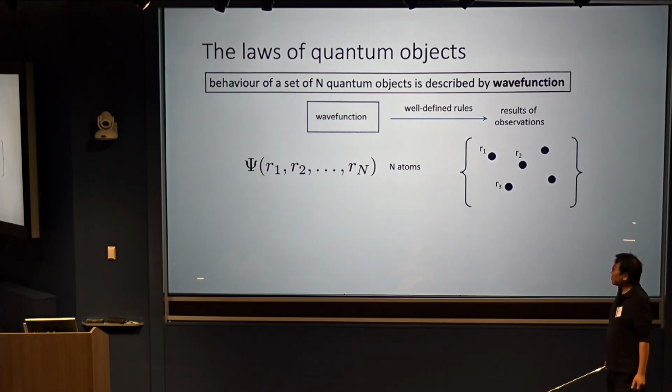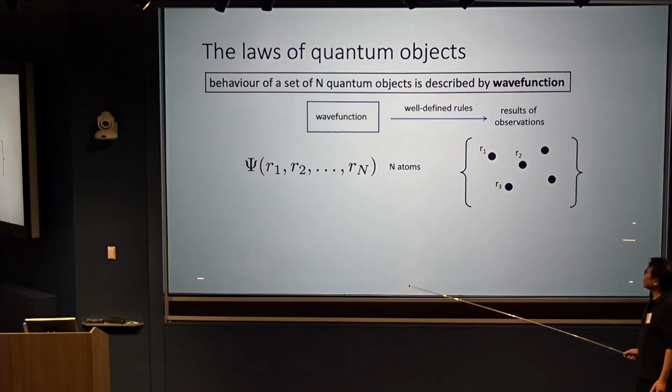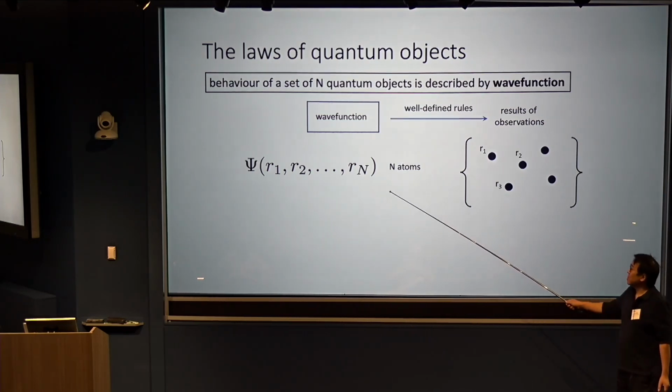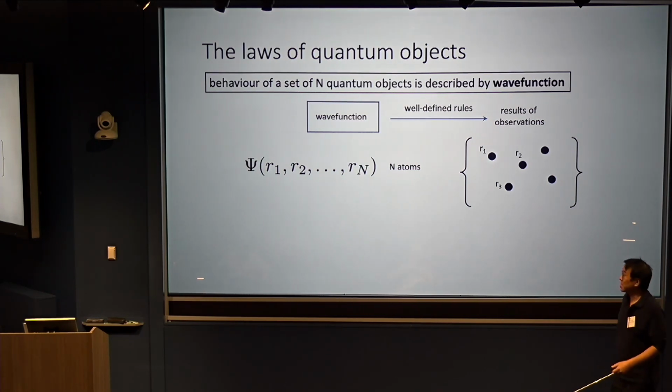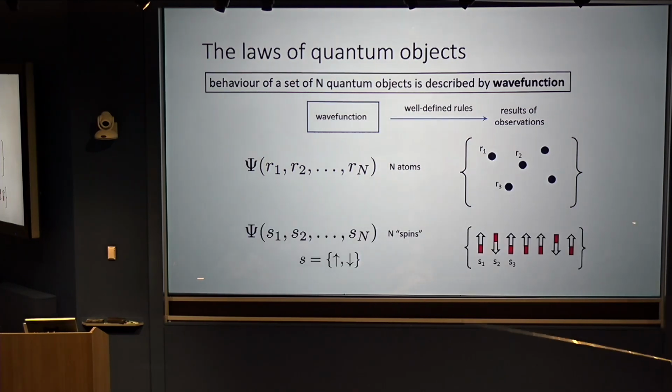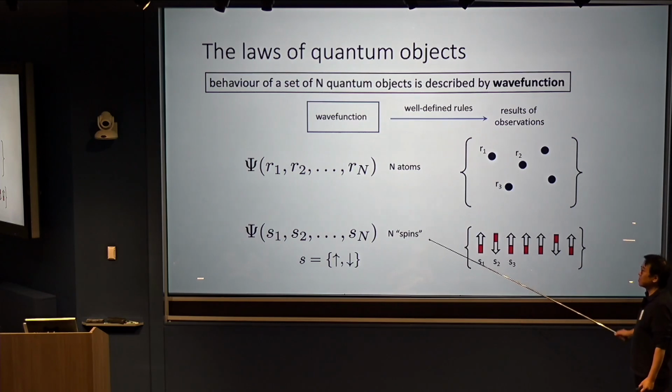Now, sometimes it's a little inconvenient to talk about systems where the possibilities involve continuous variables, right? Position is a continuous thing. You can change it, there are infinite gradations. But a wave function can also be used to describe systems where the objects only have a discrete set of configurations. One example of this is what we call spins, or spin-1/2 particles.